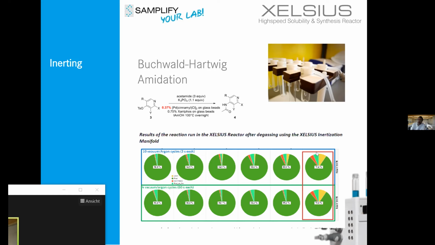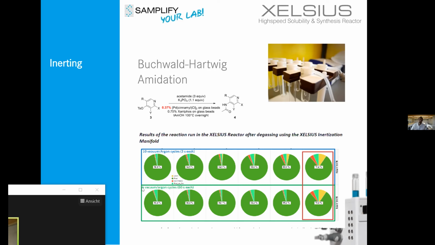the tests. And so we developed with our customer an inerting unit to make it easier to exchange the atmosphere in the reaction vessels and do it in a serial way, so that we have the same conditions in each reaction vessel. And you see with this process, 10 times vacuum and argon and 3 seconds per cycle, we ended up at between 90 and 94% of the results.